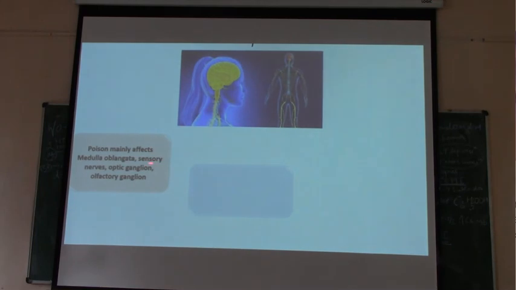He also continues writing, it affects the sensory nerves, optic ganglion and the olfactory ganglion. He says a person bitten with snake, his eyes will be dilated and he will not be able to smell. He says bring the worst smelling thing in front of his nose, he is not able to smell it. So olfactory ganglion is getting affected. Medulla oblongata is getting affected.